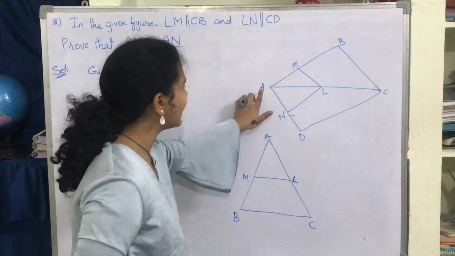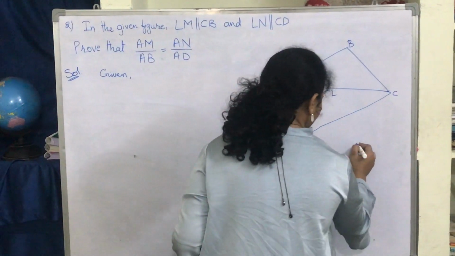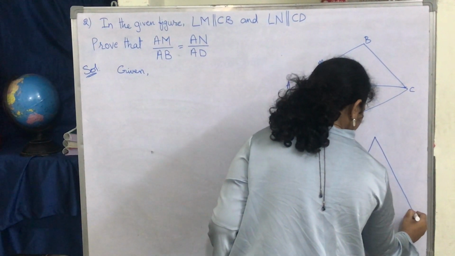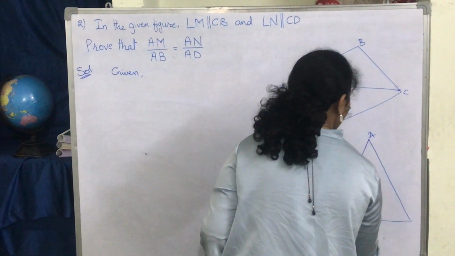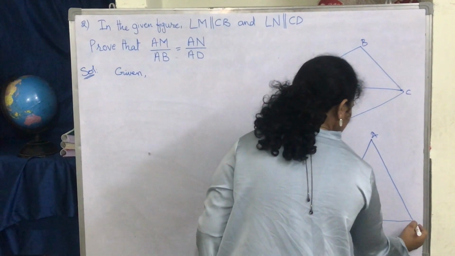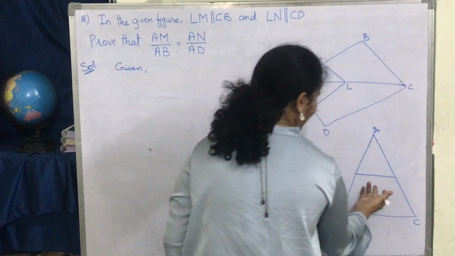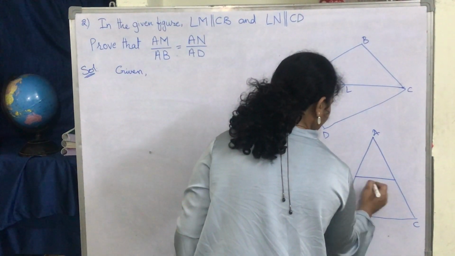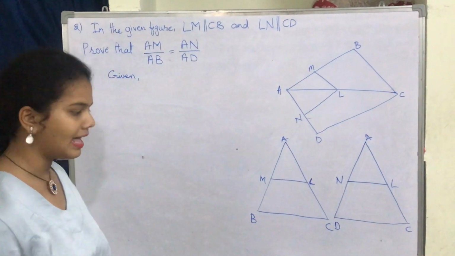So let's draw this triangle ACD over here. Let's name this triangle A, C, D. Now let's draw the parallel line over here, where we can write N, L. A parallel line is drawn, L and N.